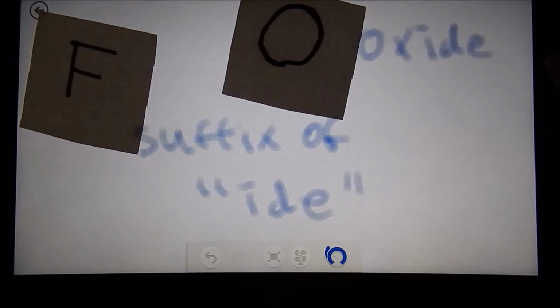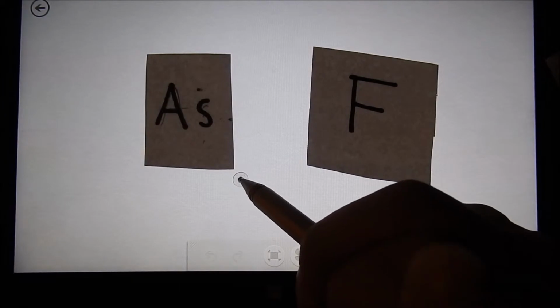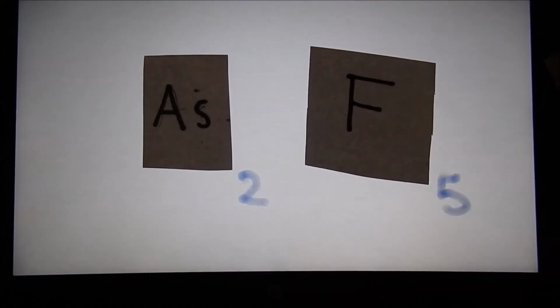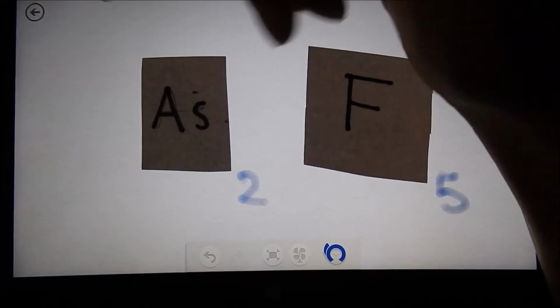We're going to practice and apply what I have said. First, we're going to name the molecular compounds. We have arsenic, 2, and fluorine, 5. Since there are 2 arsenic atoms, our first part of the name is going to be diarsenic.